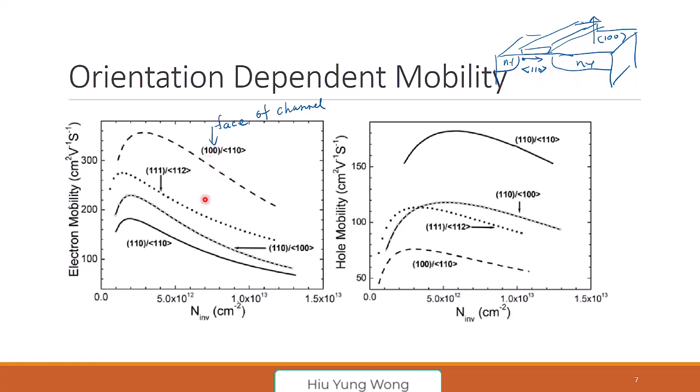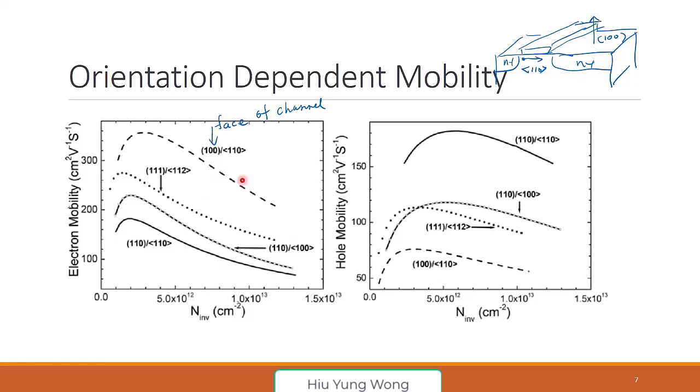So that's why you can have the same phase, let's compare, the same 110 phase, but you transport in a different direction. Then you see it is dependent not just on the surface, but also on the orientation.